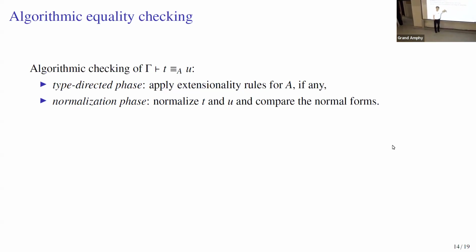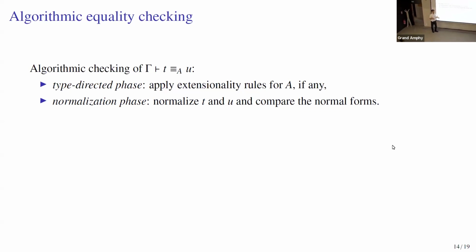If we had other types with other extensionality rules, we would use them in this phase. These are the rules that do not have a direction, and you can tell that you will use them by looking at the type. The left-hand side and the right-hand side of such rules is completely general. It's the type that tells you that you have to do it.